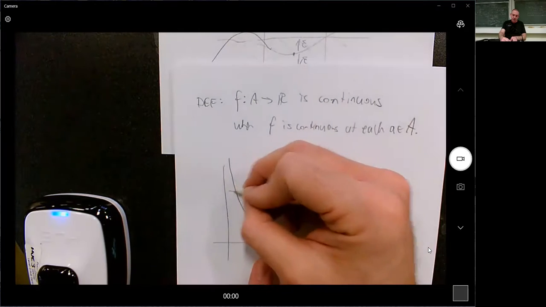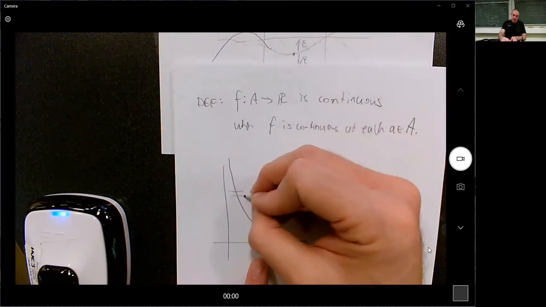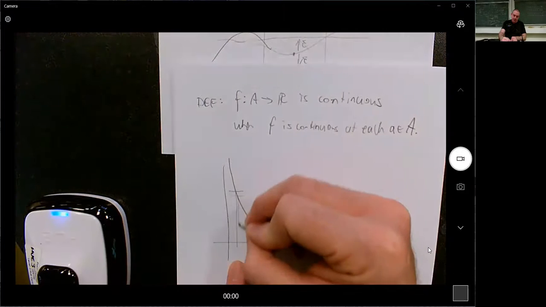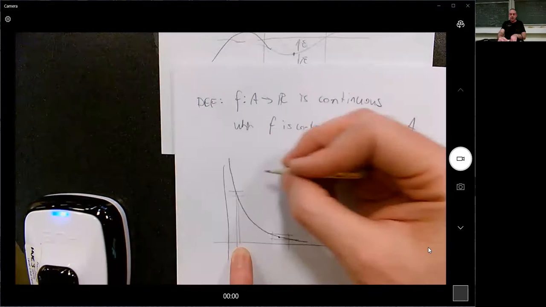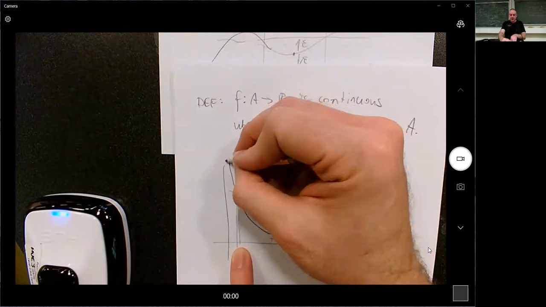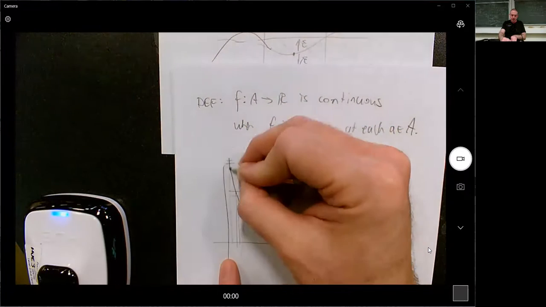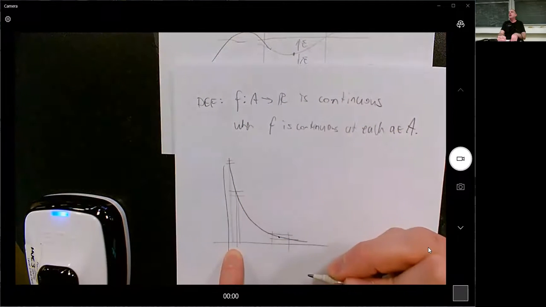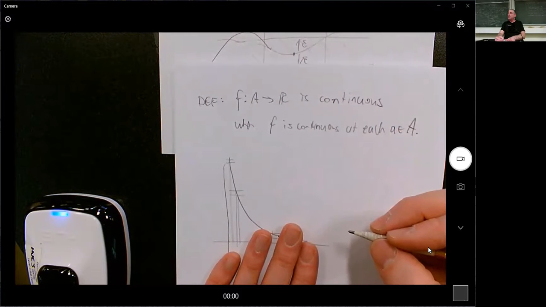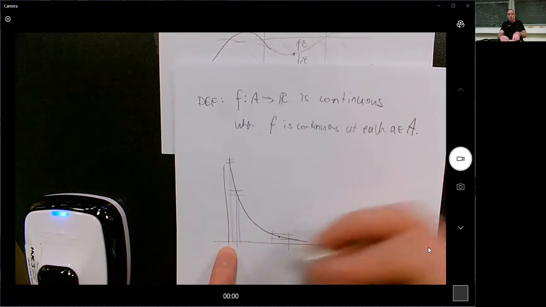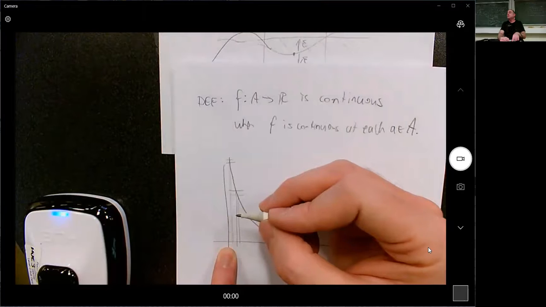But if you wanted to be within that same epsilon of this point, then your delta has to be only this wide. And if you want to be within that epsilon of this point, then your delta has to be only this wide. So this function, it's harder to get close to the function value when you're closer to x equals 0.